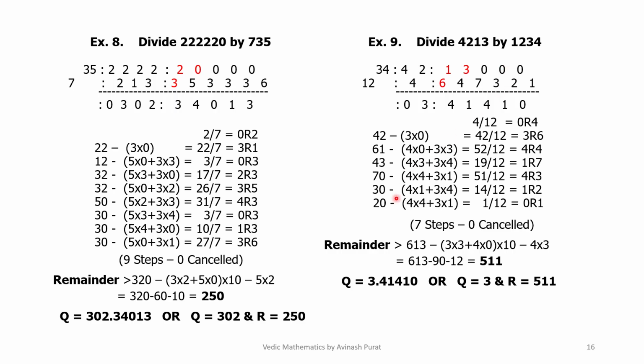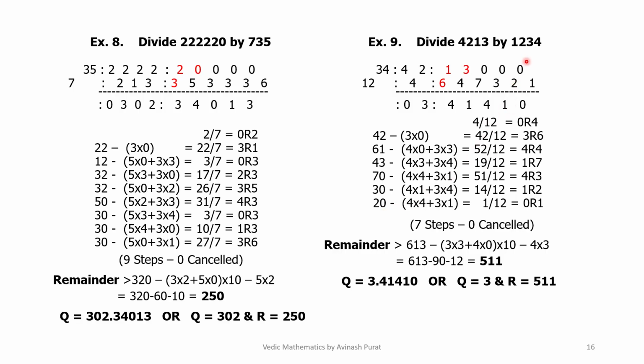Now 30 dividend, minus 4 into 1 plus 3 into 4, that is 16. 30 minus 16 is 14 divided by 12 equal to 1 is quotient and 2 is remainder.